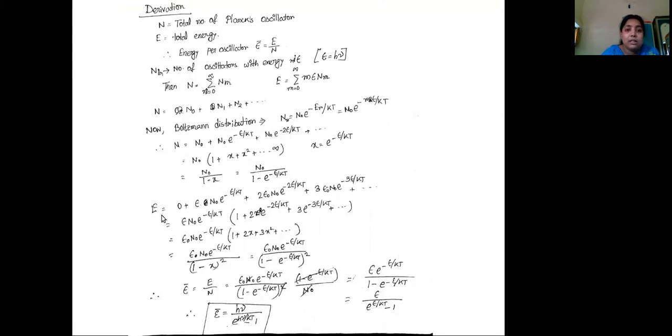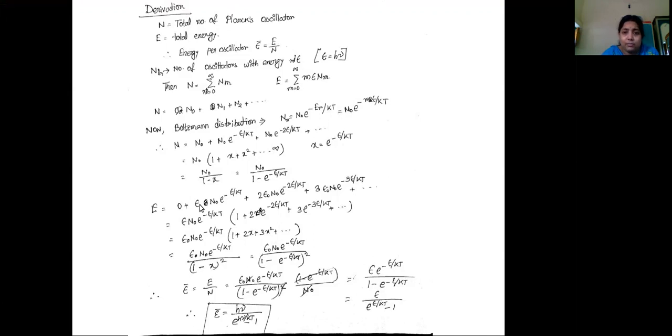Similarly, we will find out the series of E. So E is given by summation m epsilon nm. The first one: m will be 0, epsilon will be epsilon or h nu, nm will be n0 e to the power 0. So eventually it will be 0 into something, which is 0.